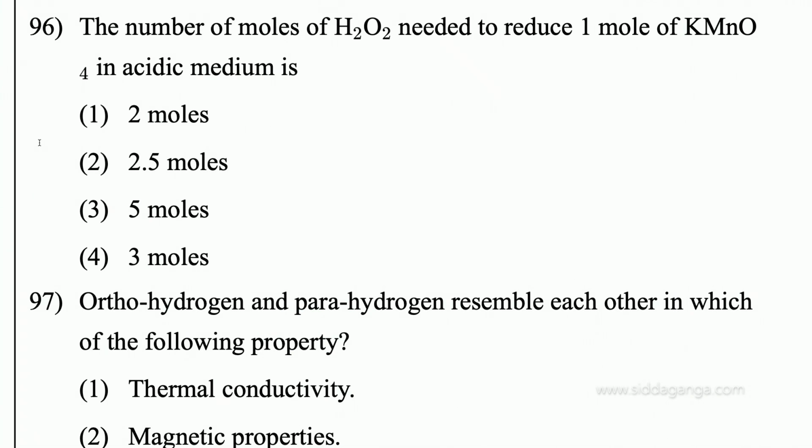Yes, simple calculation. The number of moles of H2O2 needed to reduce 1 mole of KMnO4 in acidic medium. First let us write the reaction.